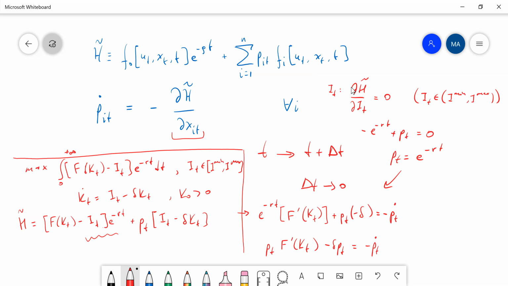So I can actually write this in this way: PT dot plus PT F prime KT equals delta PT, or PT dot divided by PT plus F prime KT equals delta. Okay?